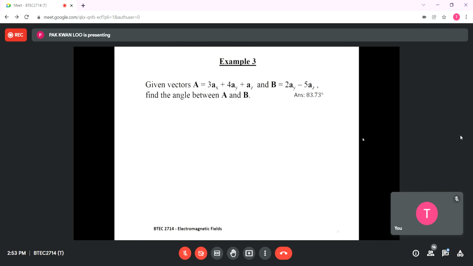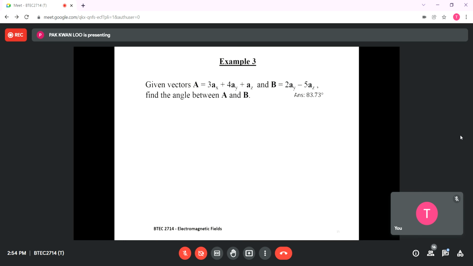All right, if you're wondering what is ax, ay, az, they are just representations of the unit vector x direction, unit vector y direction, and unit vector z direction.